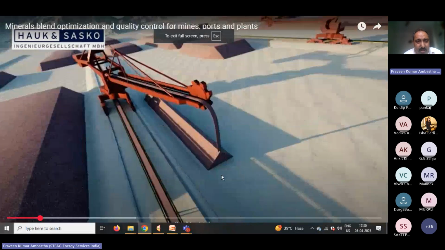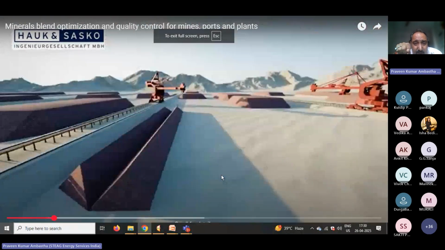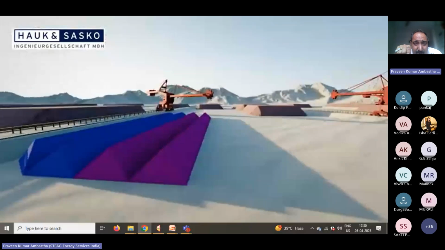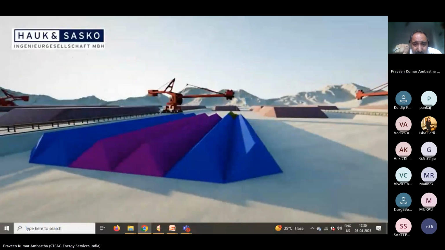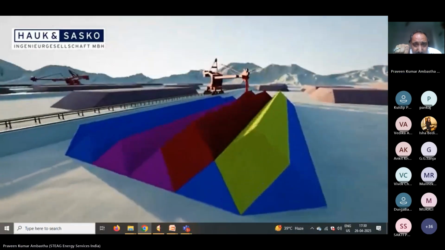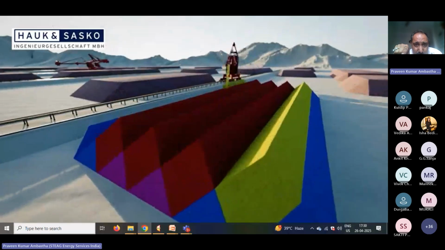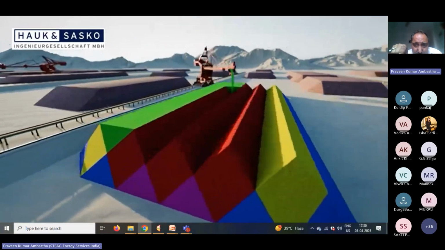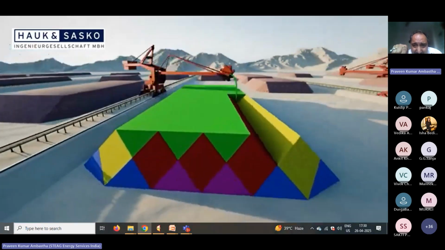So here you can see this is the way the piling should be done, so that the different GCV of the coal will be piled like this.